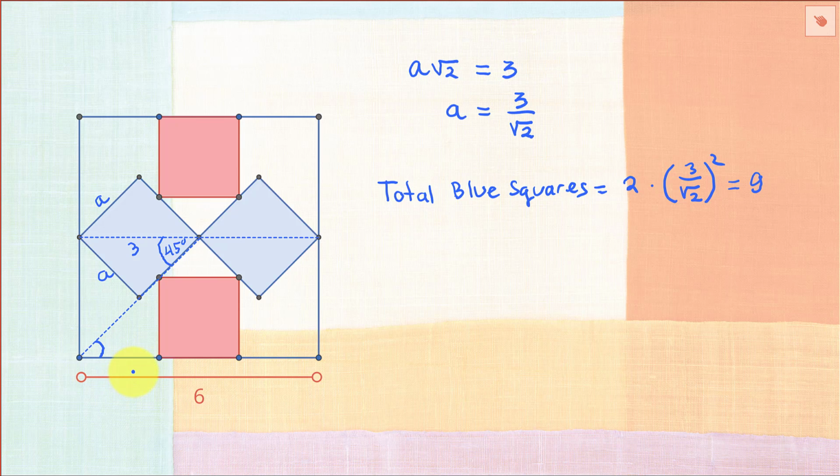And now this angle is a 90-degree angle because this side of the square is perpendicular to the side of the bigger square. If this one is a 90-degree angle, then this must also be 45 degrees.